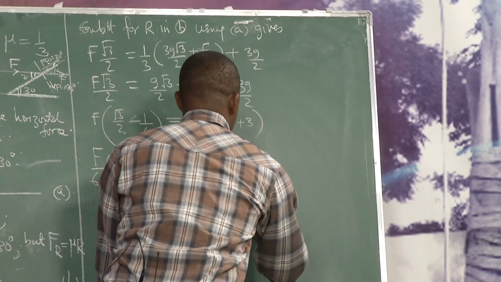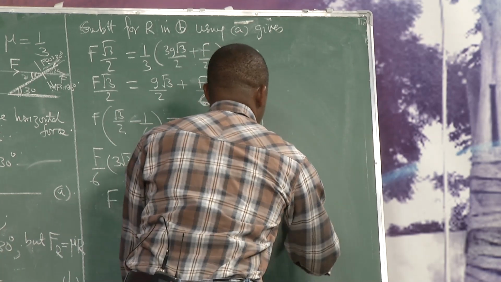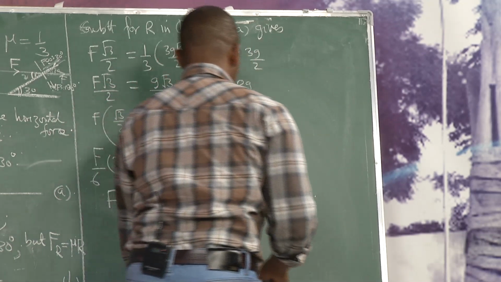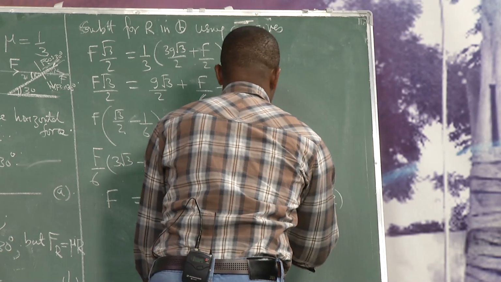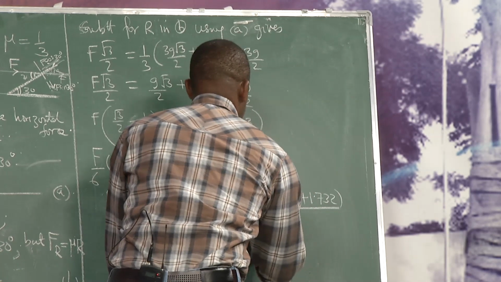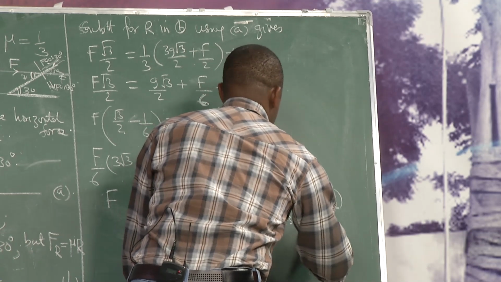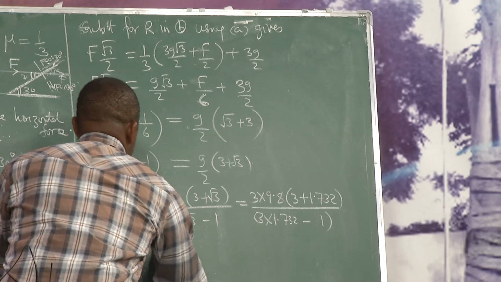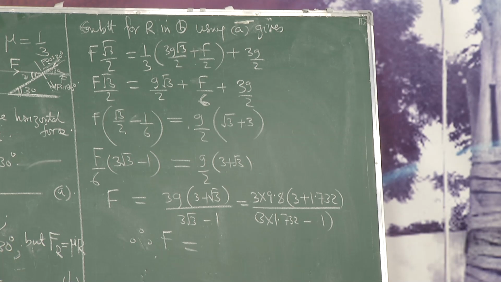If we substitute, we shall have 3 times 9.8 into 3 plus approximately the root of 3 is around 1.732, over 3 times 1.732 minus 1.